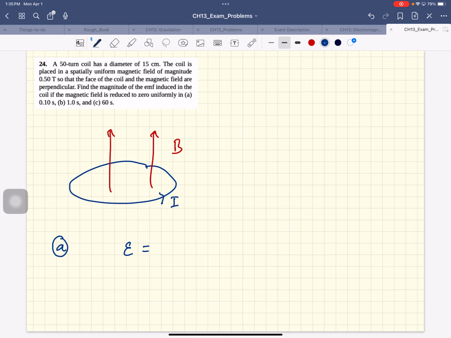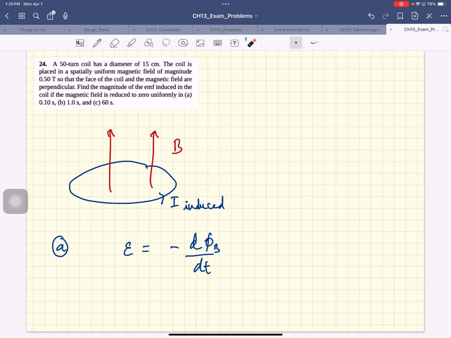So make sure you understand that. If the magnetic field is decreasing, that's what this negative sign is about. So the induced voltage is the negative rate of change of flux.